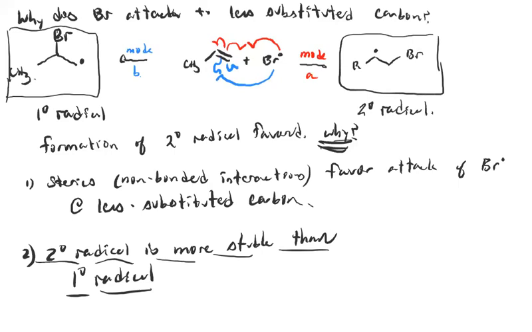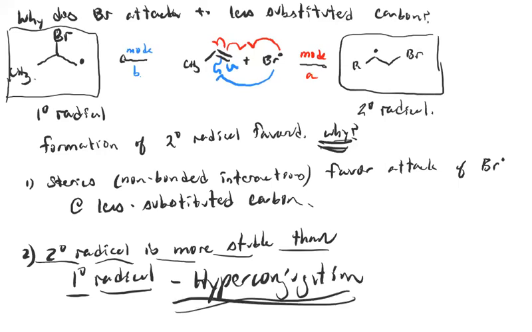Hyperconjugation is going to stabilize an adjacent radical. Another way to say it, overlap of a CH sigma bonding orbital with a radical is stabilizing. And so to understand that, we have to look at an MO diagram. So the secondary radical is more stable. The reason, hyperconjugation.